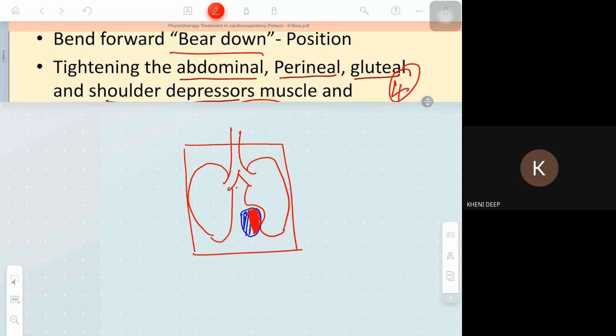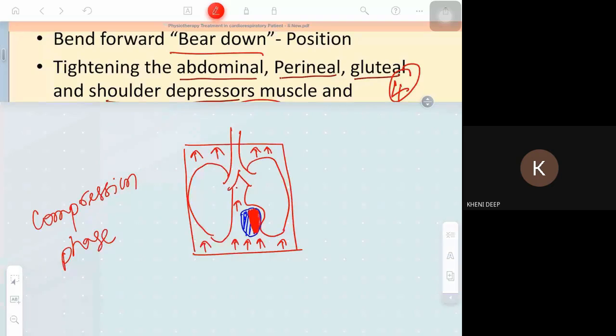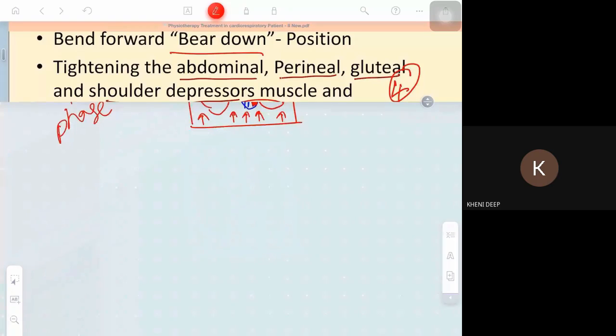So what will happen during coughing? During the compression phase, the intrathoracic pressure increases. When intrathoracic pressure is increasing, then what will happen? There will be pressure in the heart also.